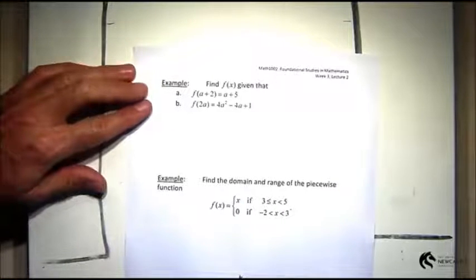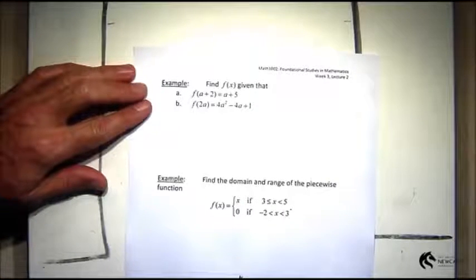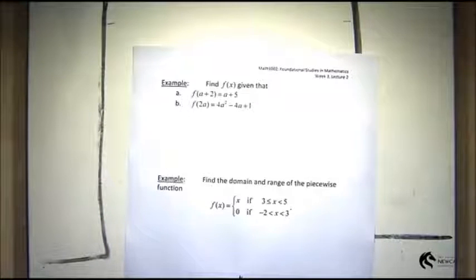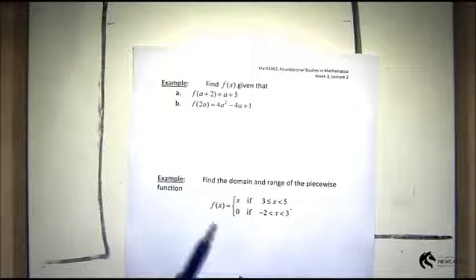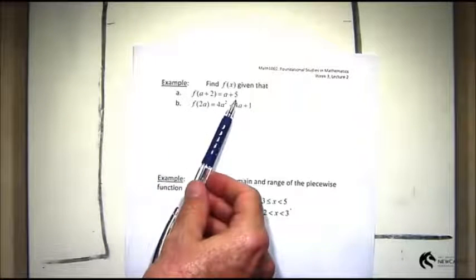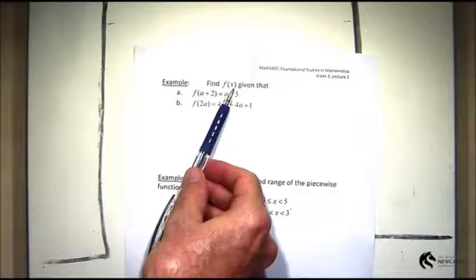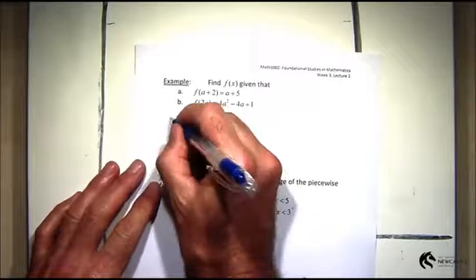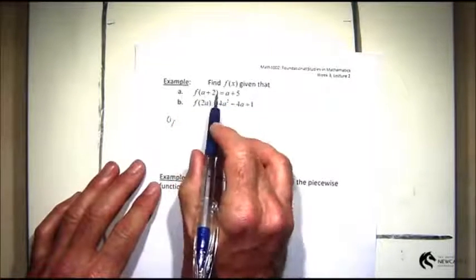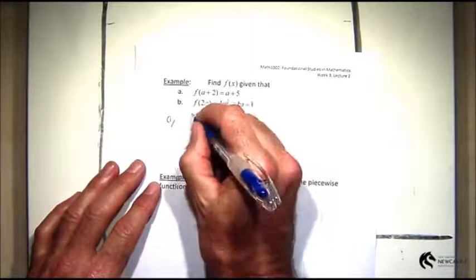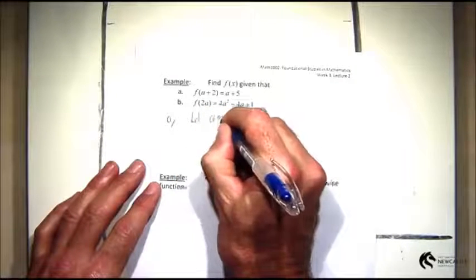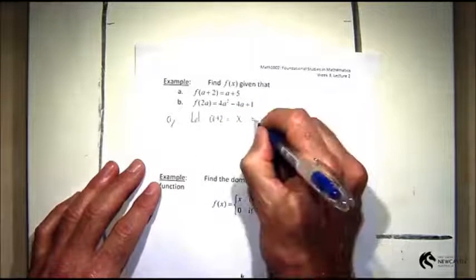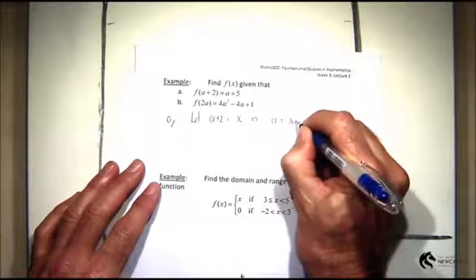This example is a rather strange one, but it was in the notes, so I thought I'd better go through it. So it says, if we know that f(a + 2) is a + 5, what is f(x)? And so in here what you do is, I actually want that to be x, so I let a + 2 be x, which means that a is x minus 2.